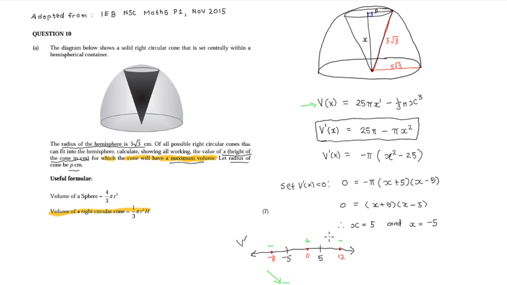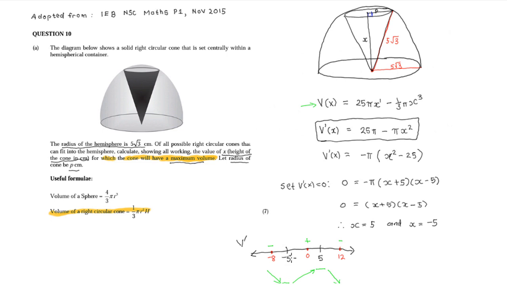Between the two stationary points, the v of x function is increasing. At the stationary point of positive 5, the gradient of the tangent line is 0. And lastly, for the last interval from positive 5 to positive infinity, your v of x function is again decreasing.